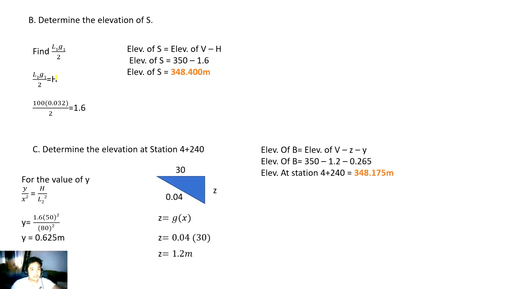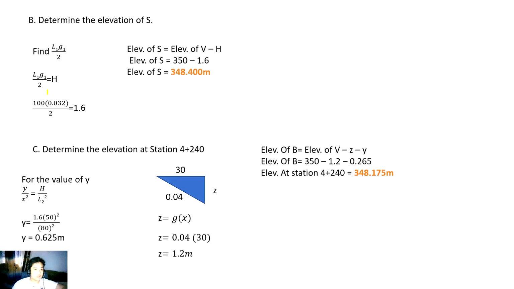Next, determine the elevation of S. So, para ma-determine yung elevation of S, una natin kukunin yung L1G1 over 2, which is ito yung magde-determine kung saan manggagaling yung lowest point ng S. So, L1G1 over 2.